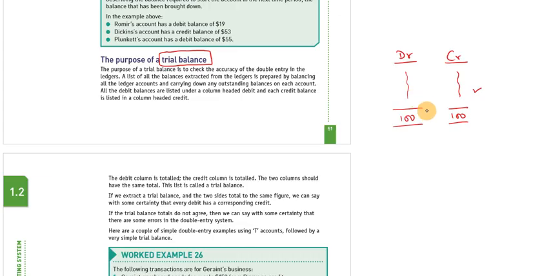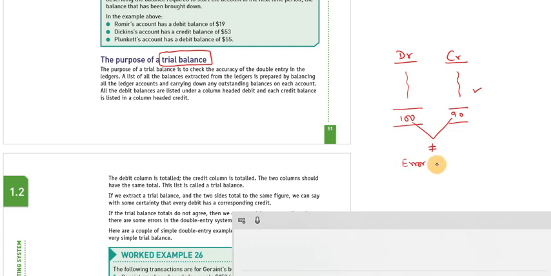Got it? What happens if it doesn't match, if debit does not match with credit? It means there is some error. If debit is not equal to credit, it means there is some error or omission.